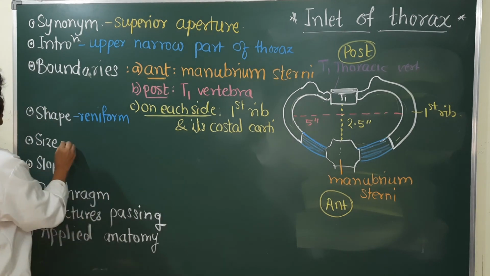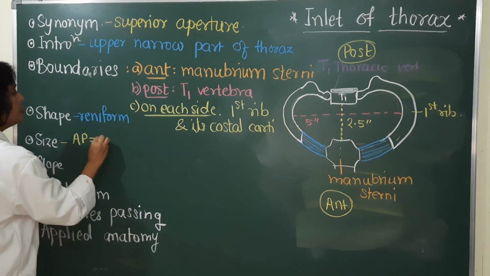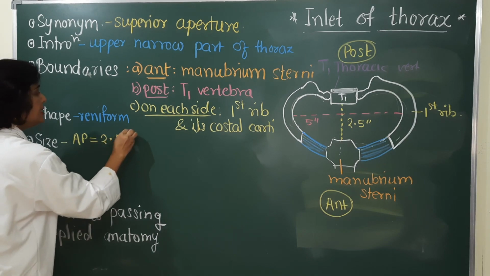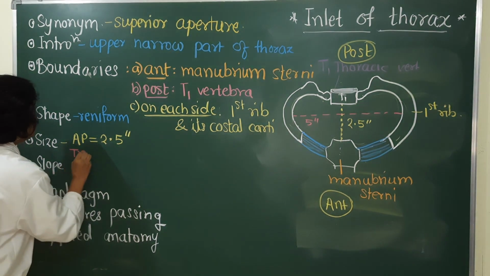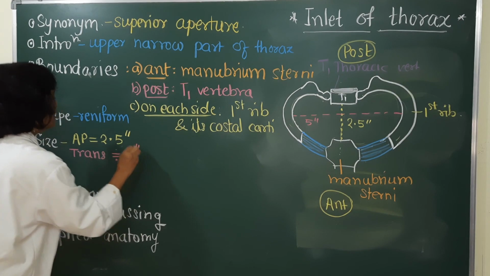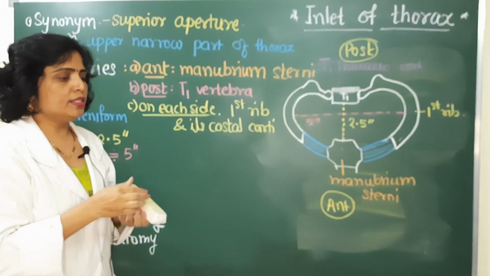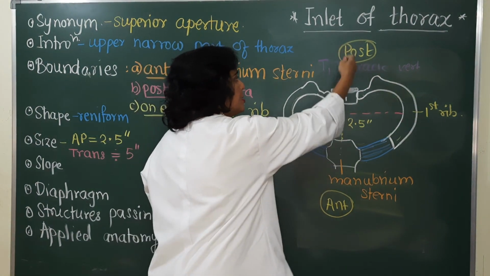So if you see the size, anteroposterior diameter is approximately 2.5 inches, and the transverse diameter measures about 5 inches.